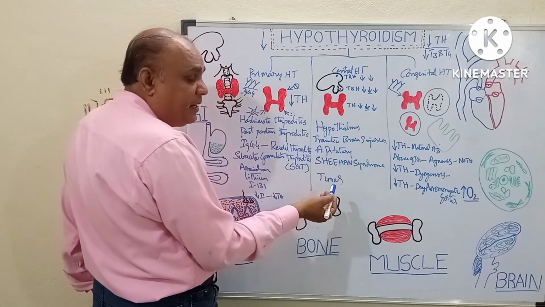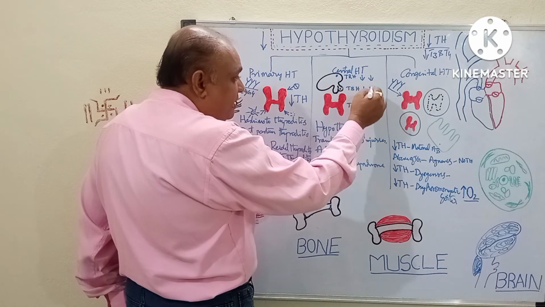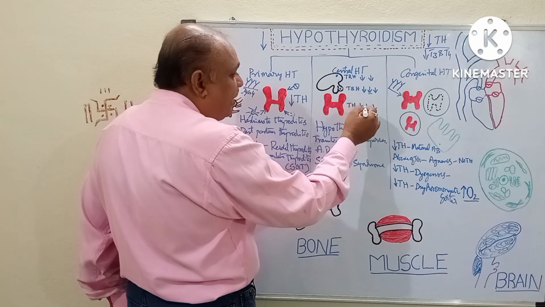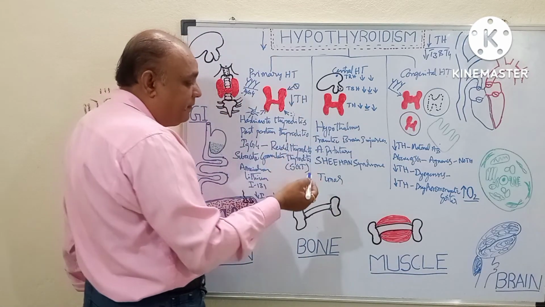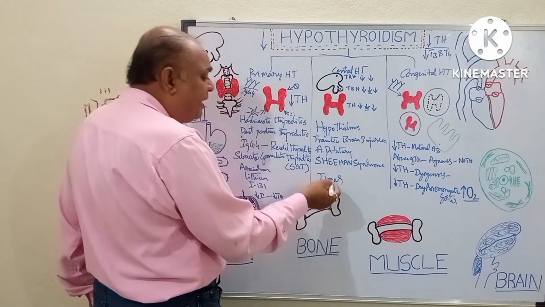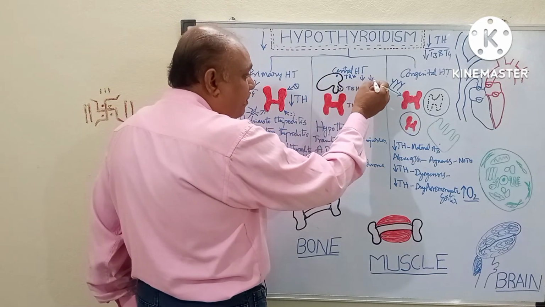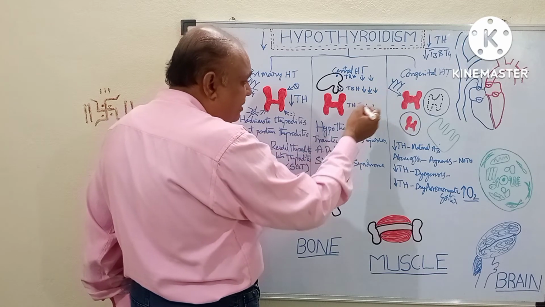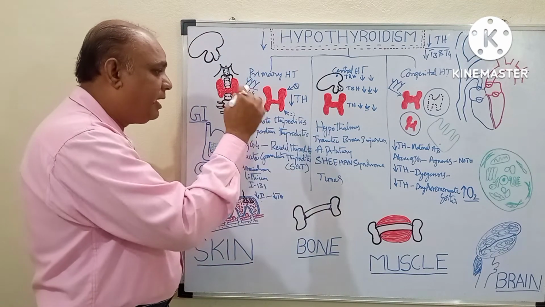And for the anterior pituitary, if for any reason it reduces the secretion of thyroid stimulating hormone, that reduces thyroid hormone secretion, which can lead to hypothyroidism. A good example is Sheehan syndrome, where tumors also can cause low thyroid stimulating hormone secretion, which leads to low thyroid hormone secretion and hypothyroidism.